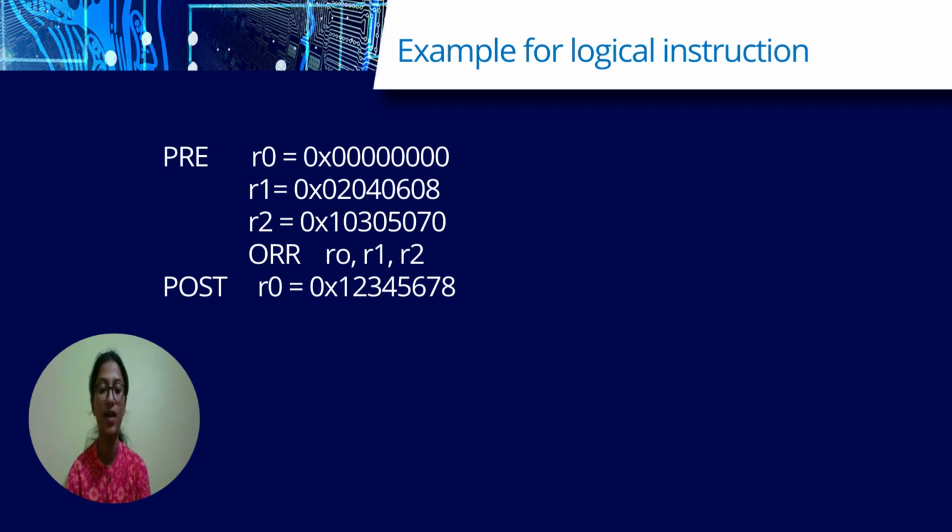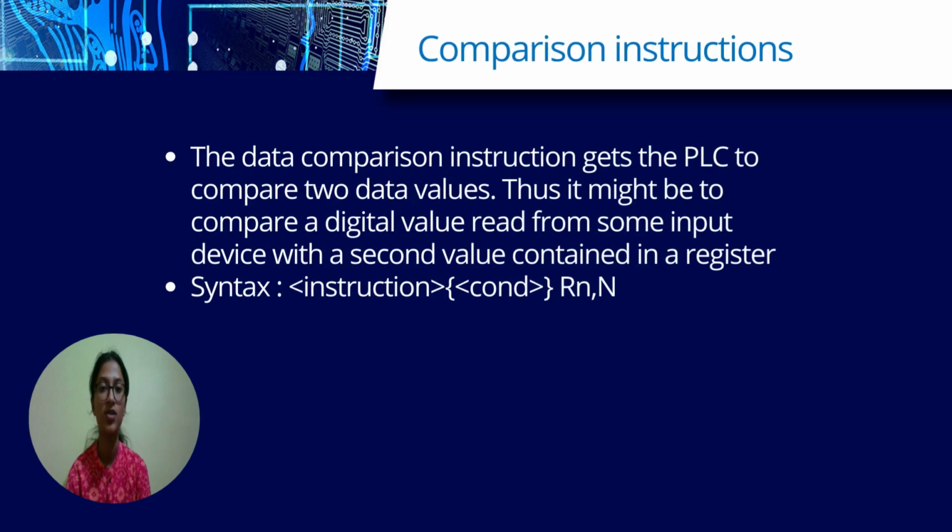And next we'll have another type, the comparison instruction. The data comparison instruction gets the PLC to compare two data values. Thus, it might compare a digital value read from some input device with a second value contained in a register. The syntax for comparison instructions is instruction, condition, Rn, and N, where N is the result of the shift operator.